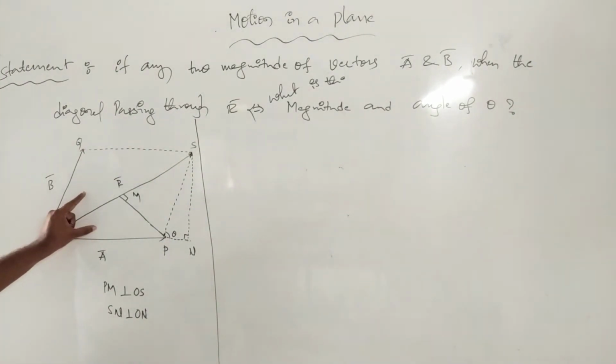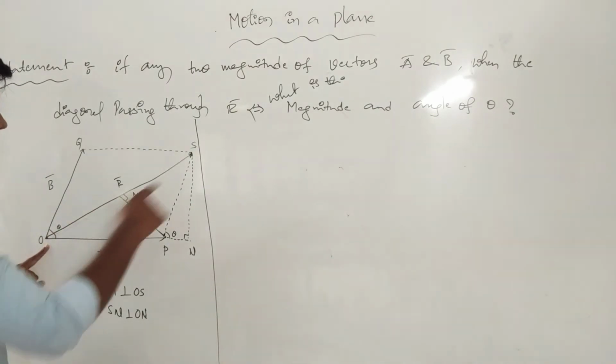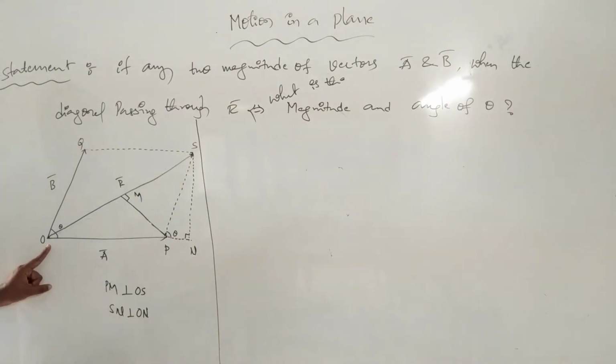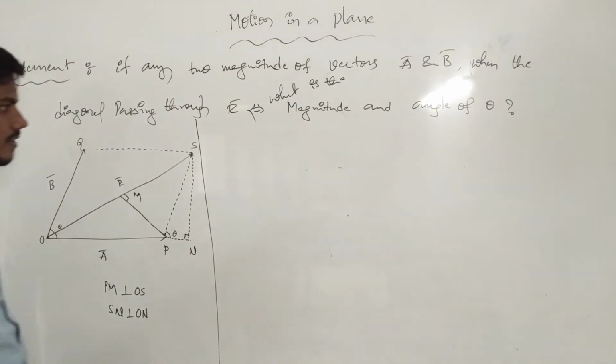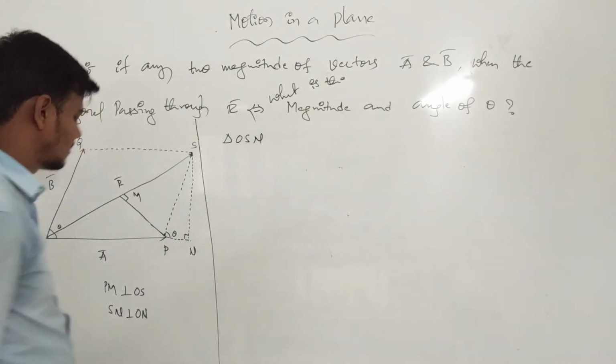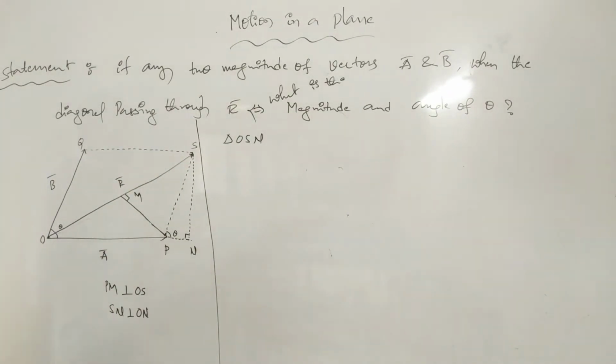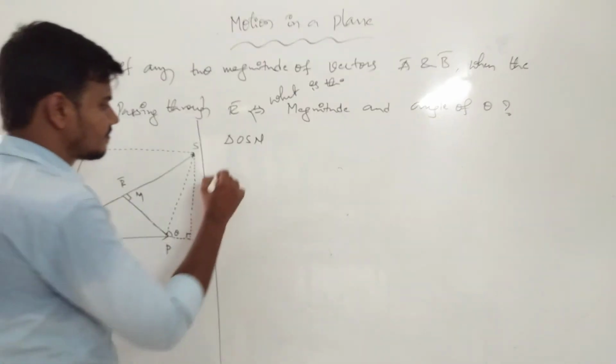Now for this rectangle formation we use the triangle OSN. Okay, triangle OSN, by using Pythagoras law.